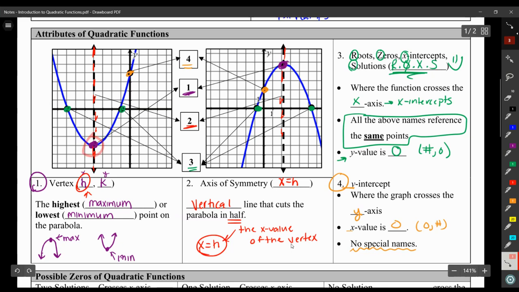We have the vertex, the highest or lowest point; the axis of symmetry, the imaginary vertical line that runs through the very middle of the parabola; the roots, zeros, x-intercepts, and solutions where the graph crosses the x-axis; and the y-intercept where the graph crosses the y-axis.